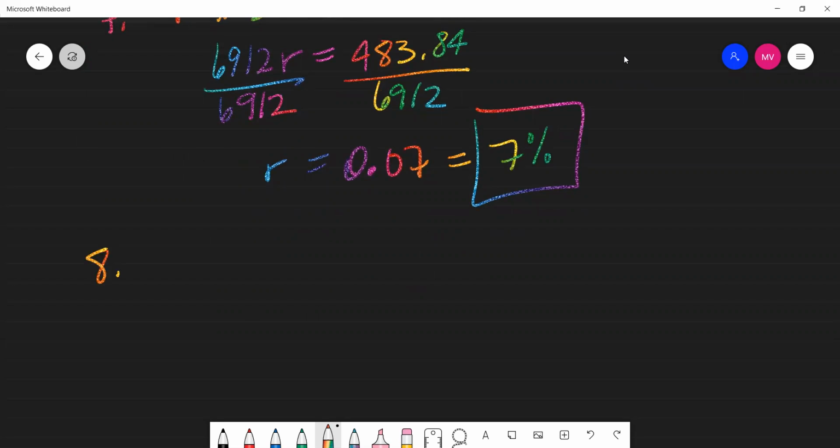All right, number 8, rate times sales equals commission. They've given you your sales. And they've given you your rate. So let's go and put that rate in there, 0.35 on a purchase of $40,009 equals what commission?